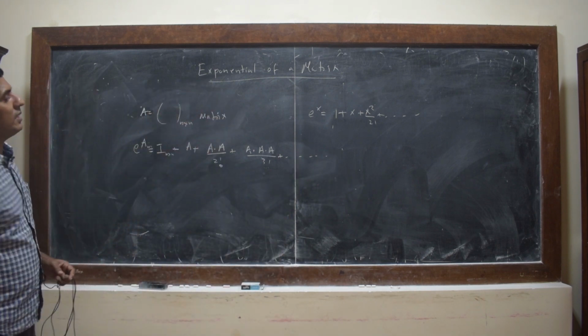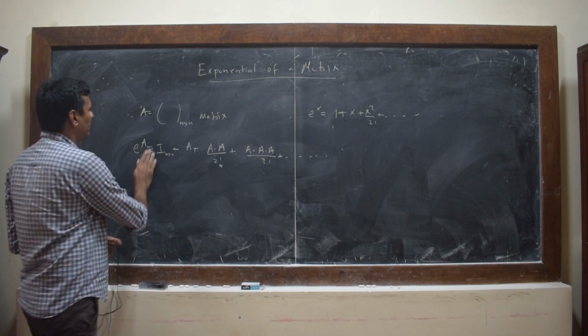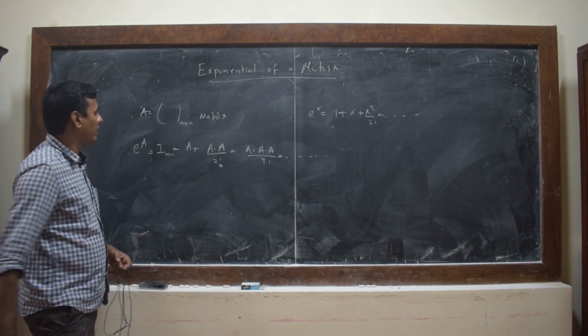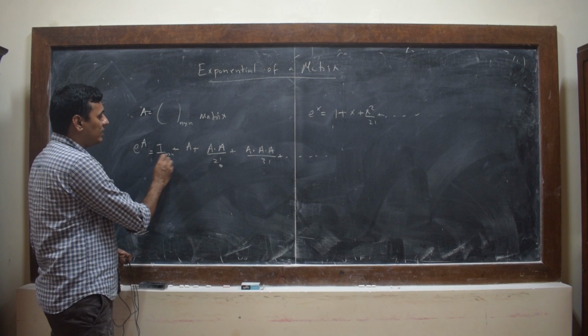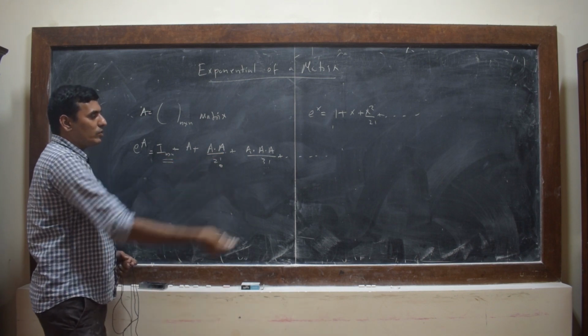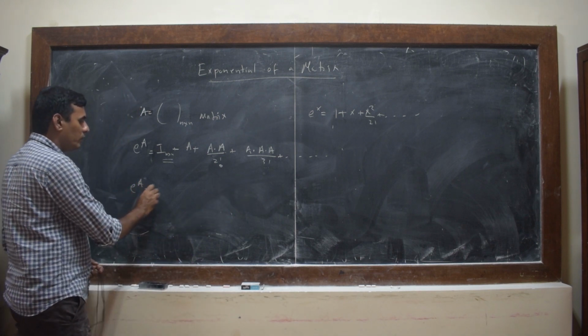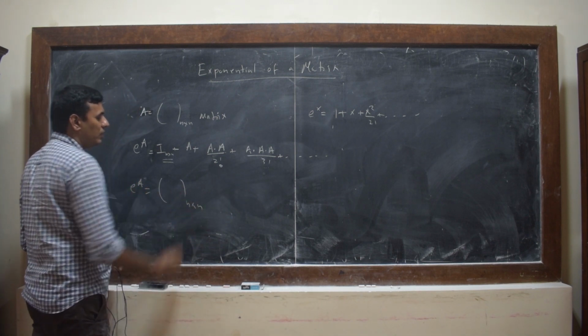So, as an infinite series, you can define the exponential of a matrix A, e power A. And here A is already an n cross n matrix, so A square also will be an n cross n matrix. So, basically e power A is going to be another n cross n matrix.